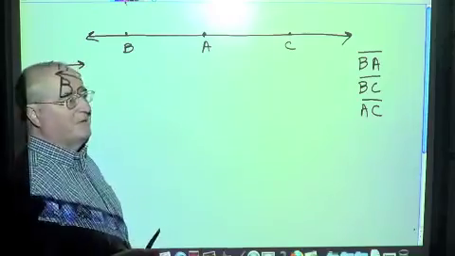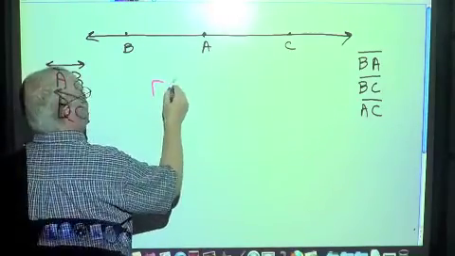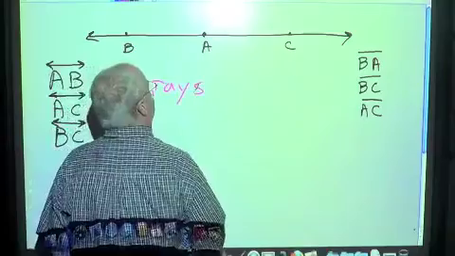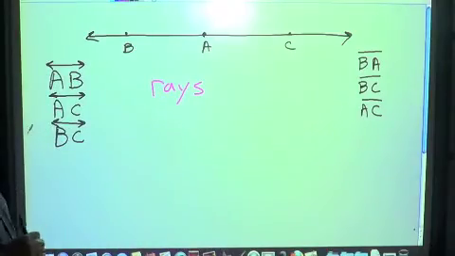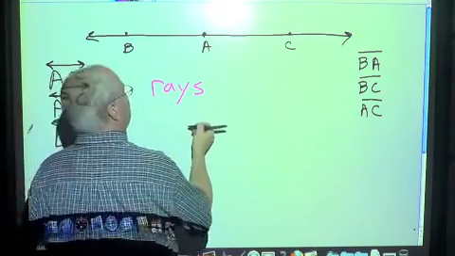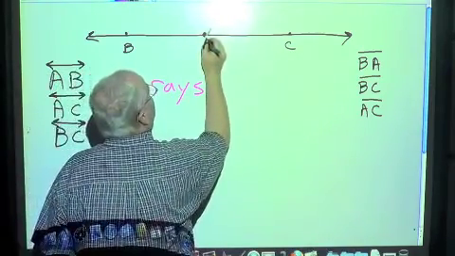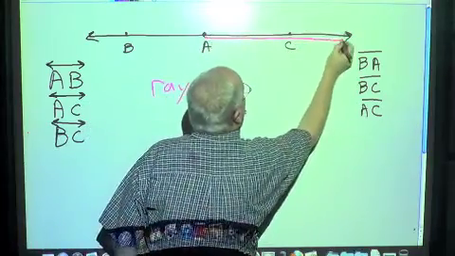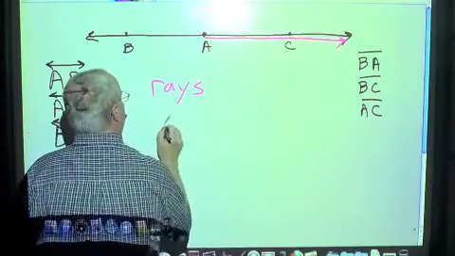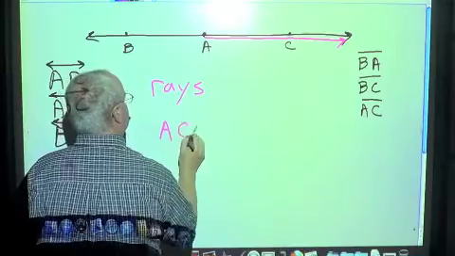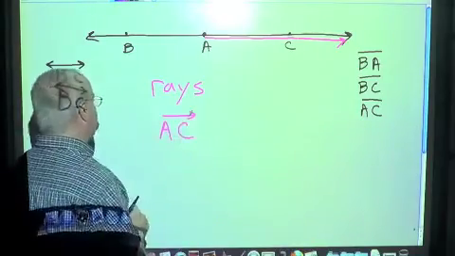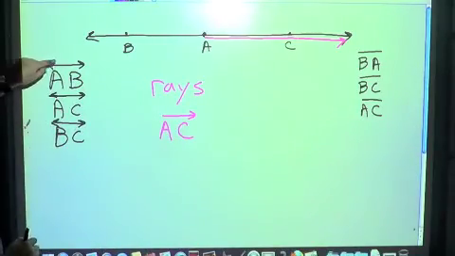We can also have other pieces of this, and we call them rays. Now rays start at a point and go through another point. Okay? And the way we look at that is if we want to say, look at this right here, a ray that starts at A and goes through C. And the picture that we draw on top of it, remember we have to draw this picture.